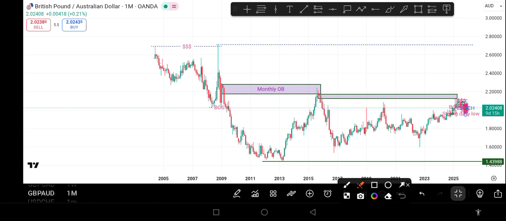The market went down, went up, but it never took any structure on this side. There were no structures taken on this side, and then the market came and broke structure here. But I consider this structure that was broken an invalid break of structure.